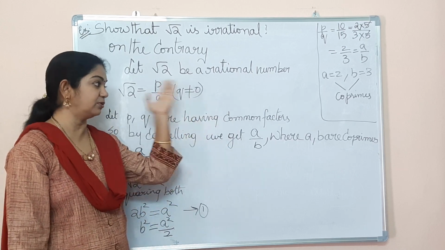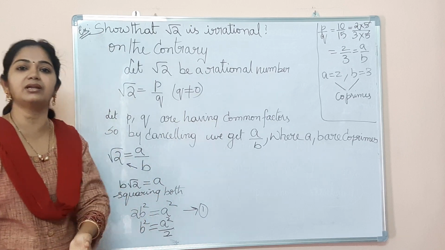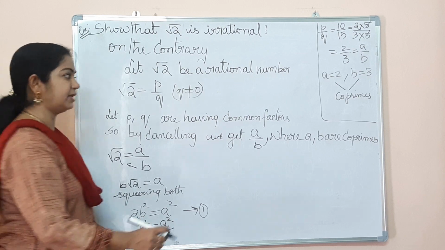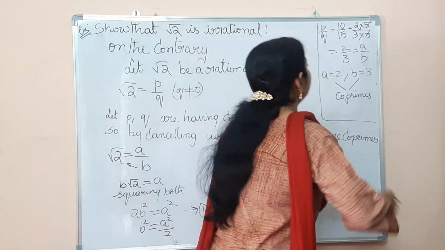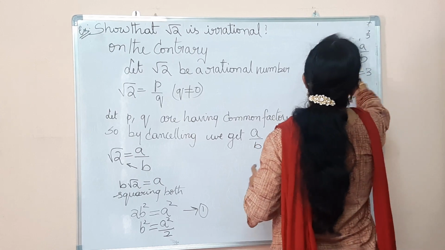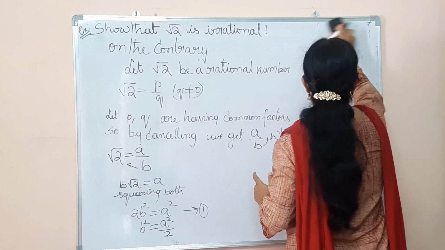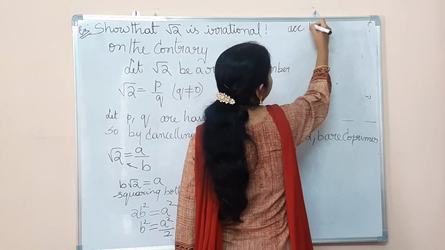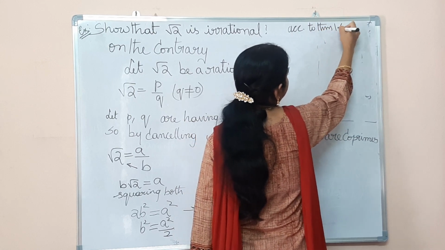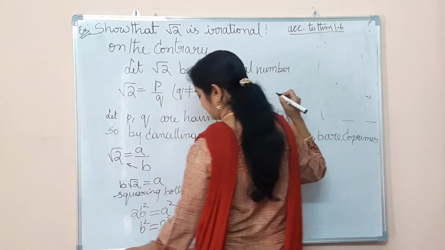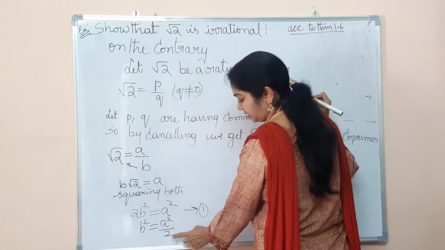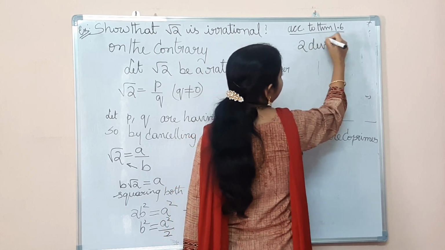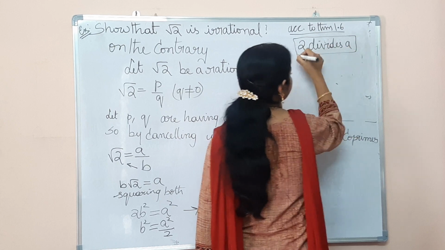If P divides A square, then surely P divides A. So here 2 is dividing A square, it means we can tell 2 divides A, according to theorem 1.6. Understood this? We got this one.